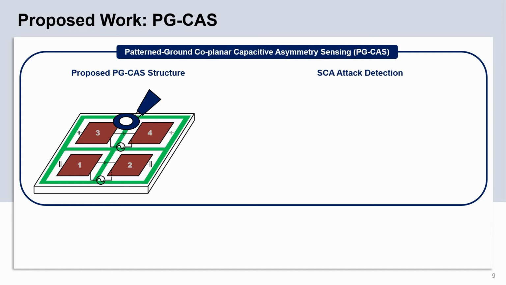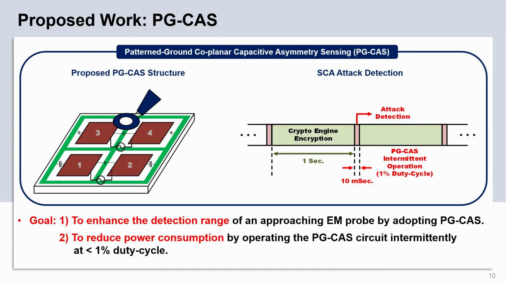It senses the interplate and plate-ground capacitance. As an EM probe approaches, the symmetry of the 4 metal plate system breaks and the capacitance between each pair diverges from the baseline capacitance by a different amount. The goal of this work is to enhance the detection range of an approaching EM probe and to reduce power consumption by operating the circuit intermittently at under 1% duty cycle.